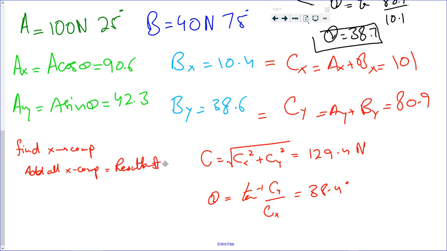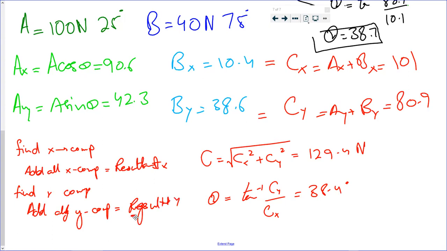And find the y components of all vectors, like we did for A and B, add all y components and get the resultant y. Once you have resultant x and resultant y, you can use the Pythagoras theorem to find the magnitude, and you can use the tan inverse formula to find the angle. Is that right?